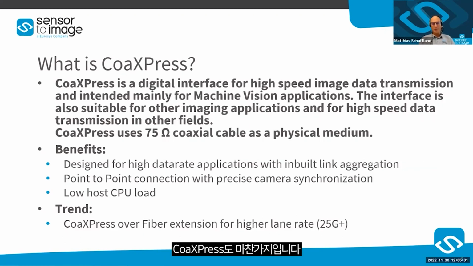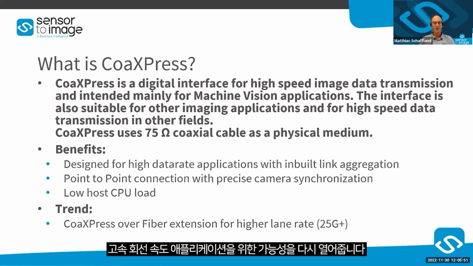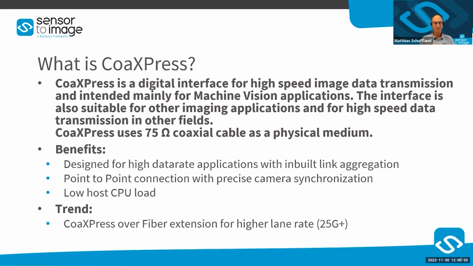Similar with CoaXPress. CoaXPress from its origin is a copper-based protocol. Here there exists an extension, so it could be used over fiber as well. And this again opens the door for higher speed, higher lane rate applications with 25G or even more per cable, per connection.